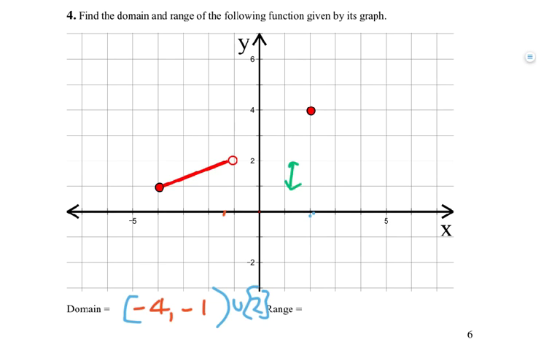And then we have the interval of values from 1 to 2. We include 1, but we don't include 2 because the circle is empty. And then we've got our additional y value here of 4. So set brackets and then union.